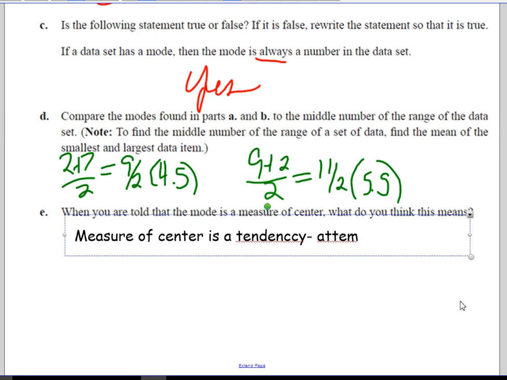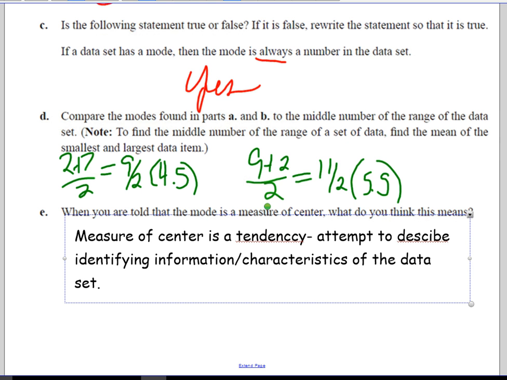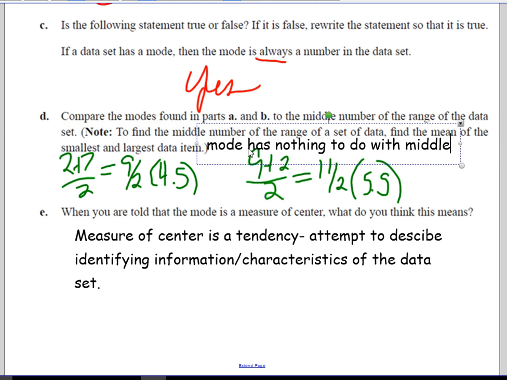It's an attempt to describe identifying information or characteristics of the data set. And again, up here, mode has nothing to do with the middle number.